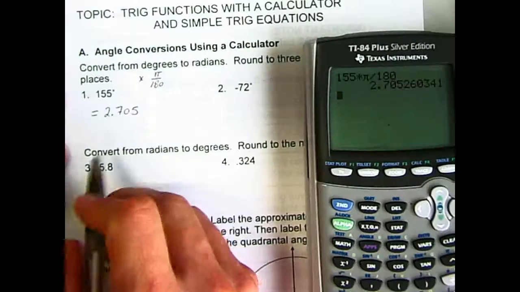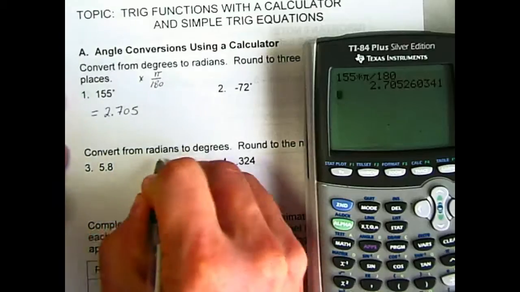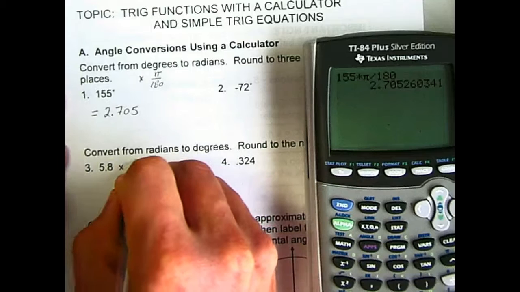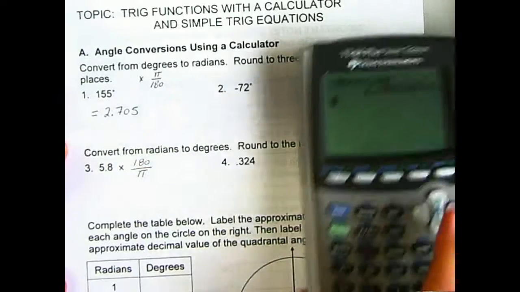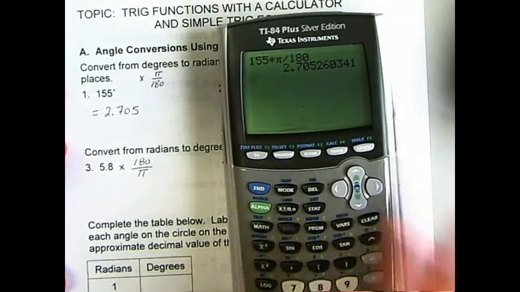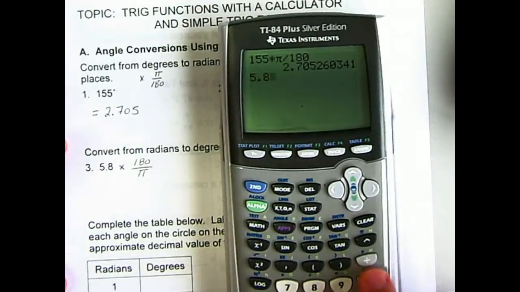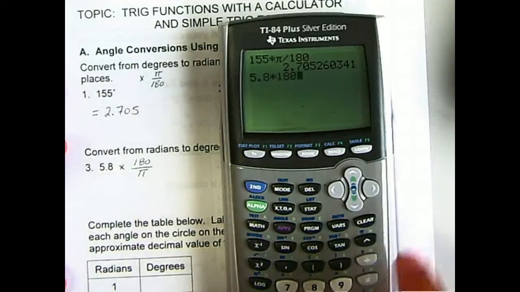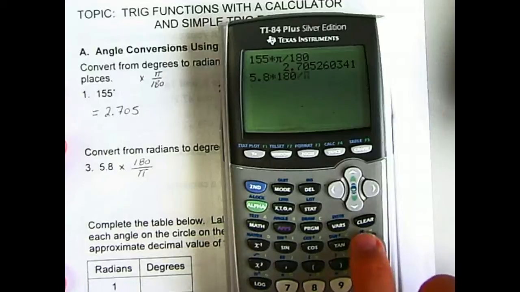Okay, so likewise, when we convert radians to degrees, our rule was we're going to multiply our radians by 180 over pi. Same deal. We're going to go ahead and go 5.8 times 180 divided by, and then again second, and then here's pi up here, right?